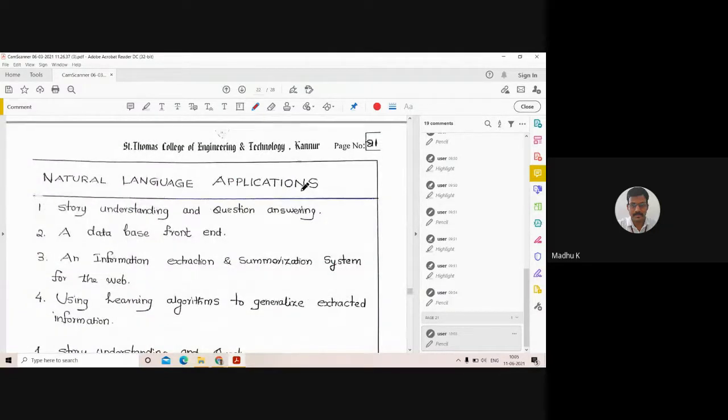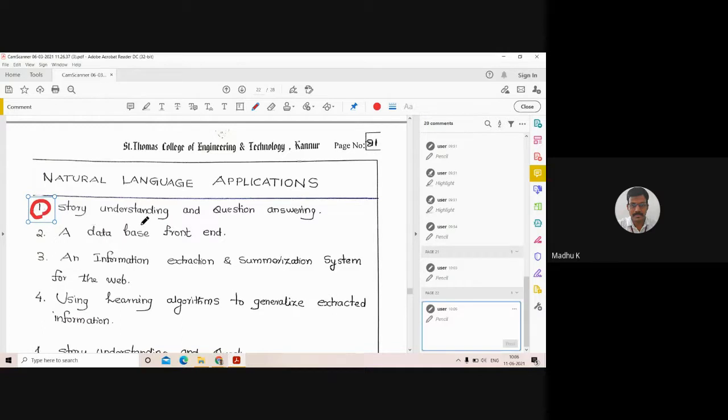Natural language application means story understanding and question answering. So what are the applications of NLP? One application is that it can be used for story understanding and question answering.